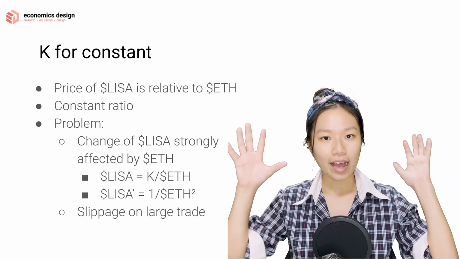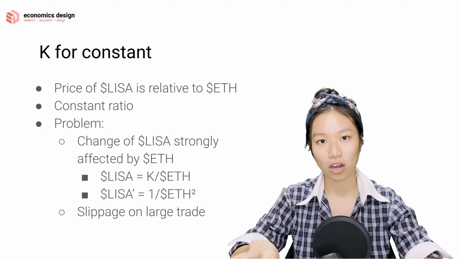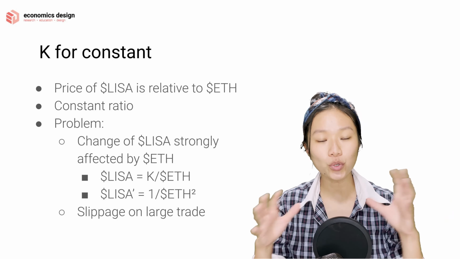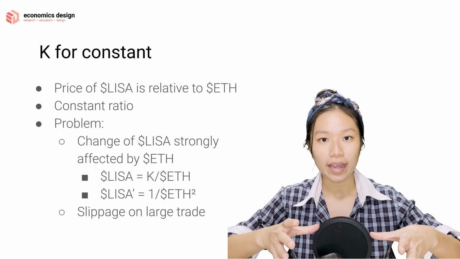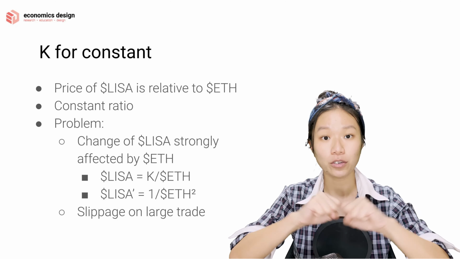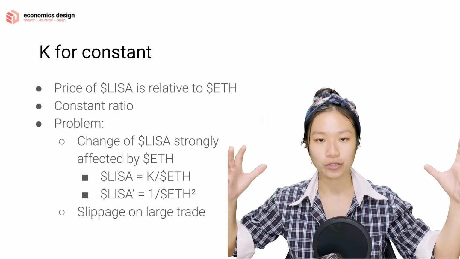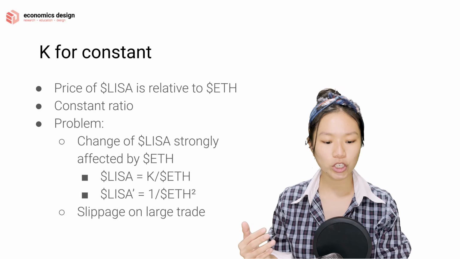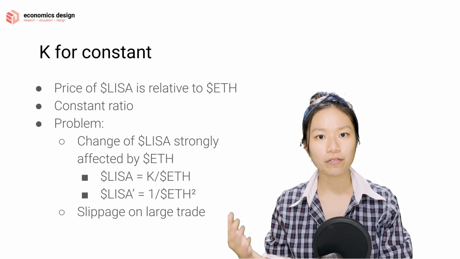So as much as we want to say that K is constant, the interaction, the relationship between the two tokens in that constant pool is affecting each other in a very significant way as trades get larger and larger. So this brings us to the point that we want to talk about today, which is version 3, Uniswap version 3.